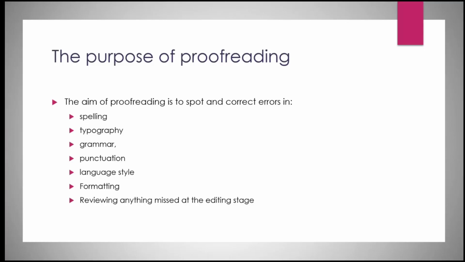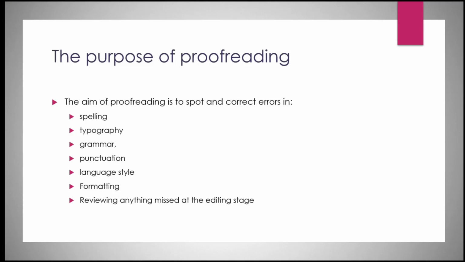So proofreading. So once you're done with your editing, you've edited for the instructions, you've checked the content, you've checked the structure, you've checked the cohesion, you've checked for clarity of language, you want to now move to the other aspects. Usually separate these two stages. So don't edit and proofread at the same time.